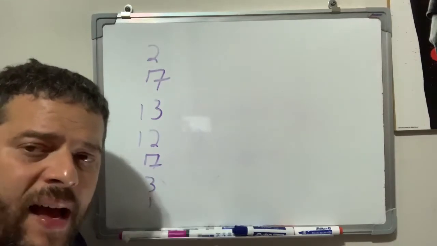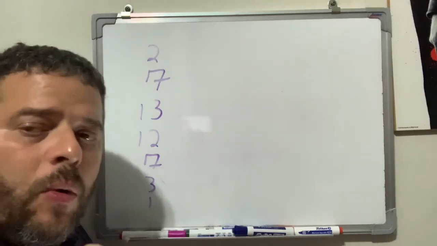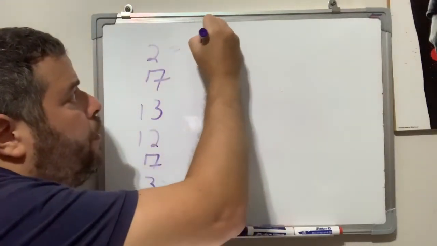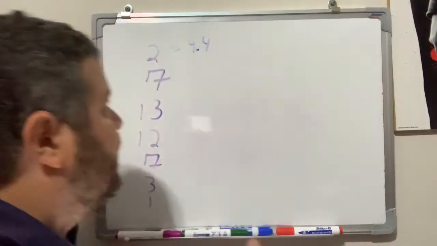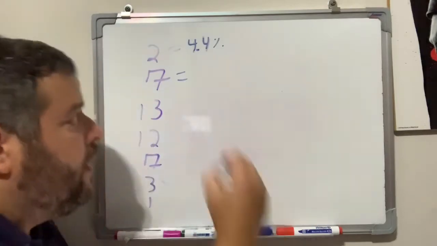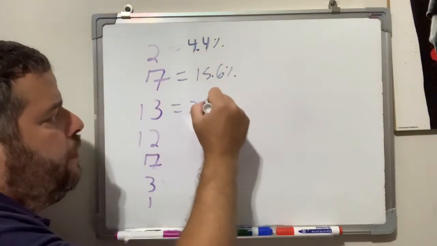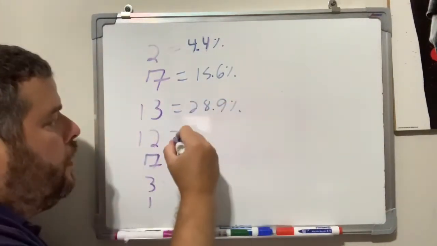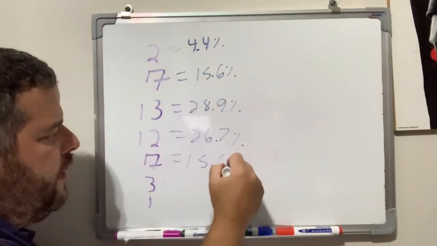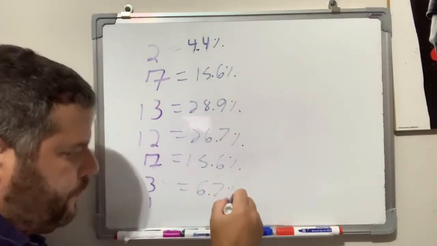If I'm going to find relative frequency, I divide that number by the total number of measurements, which is 45, so I divide 2 by 45. I get the answers here. It's 4.4%. 7 would be 15.6%. 13 would be 28.9%. 12 is 26.7%. 7 is 15.6%, identical to the other 7. 3 is 6.7%.